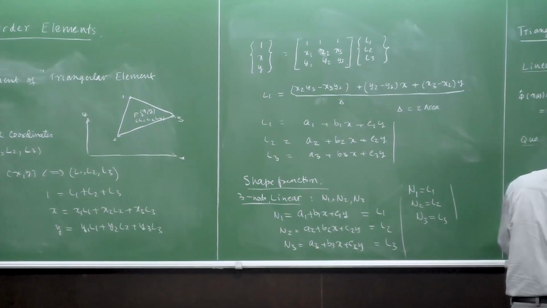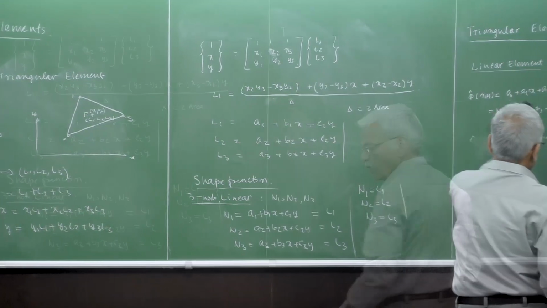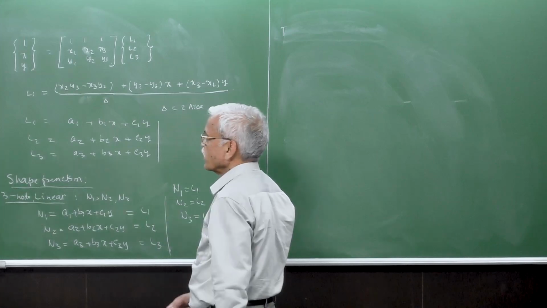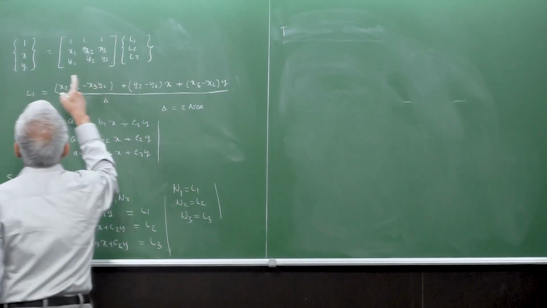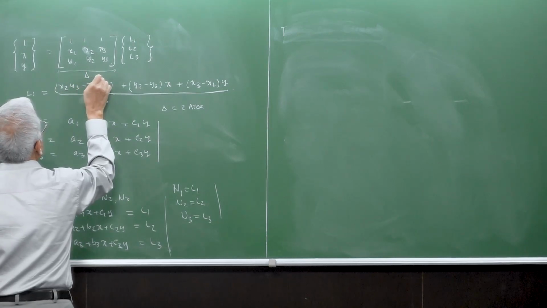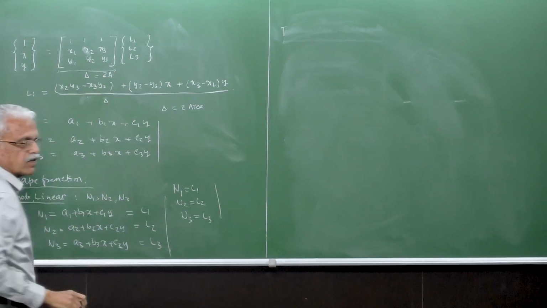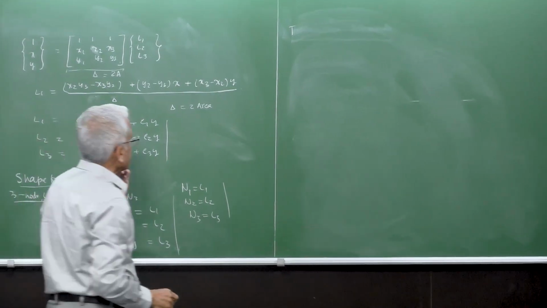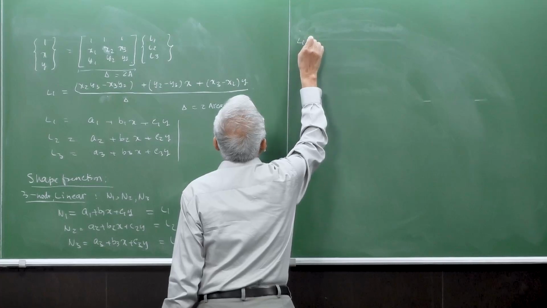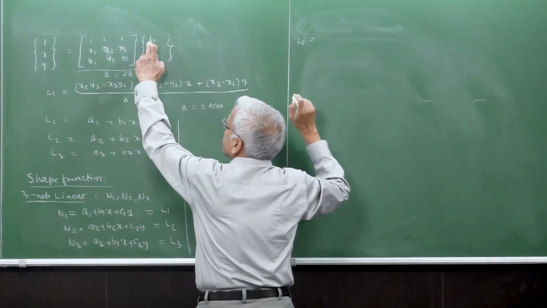In fact, we can also give a meaning for these natural coordinates. From looking at this, this determinant is twice the area of the triangle, you can very well see.